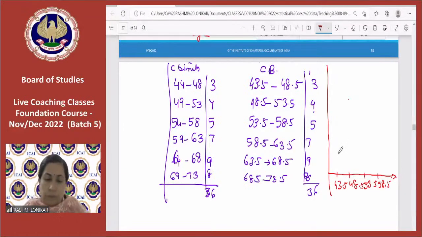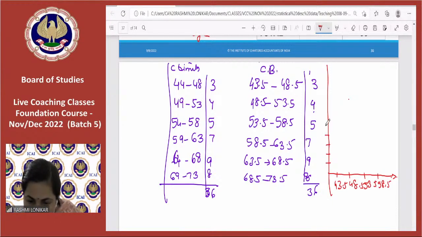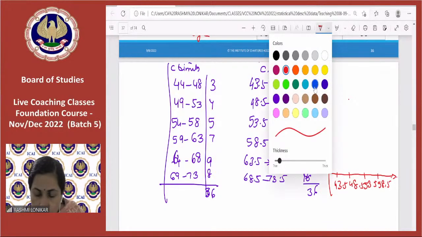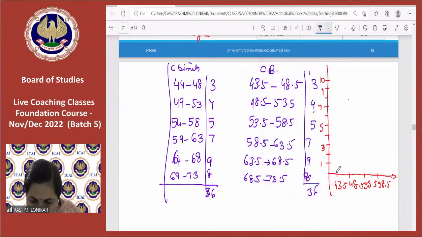Here this is 1, 2, 3, 4, 5, 6, 7, 8, 9, and 10. Now, I'm going to start from here.